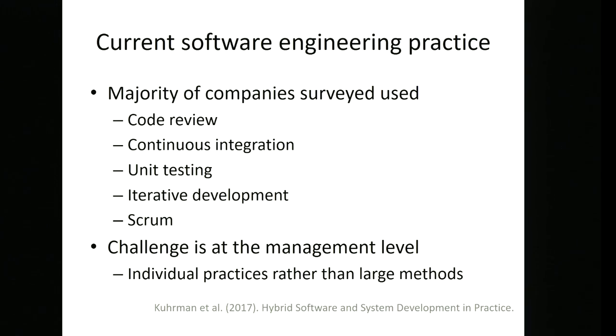In terms of applying the practices, we often find that the challenge is at the management level. Generally, evaluation is easier when we're looking at individual practices than when we're looking at applications in the large in terms of agile methods.